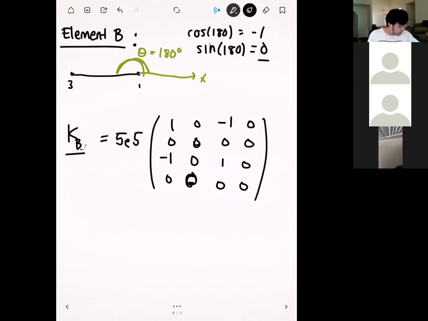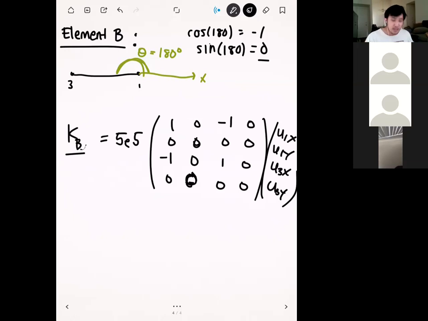Okay. And this is acting on U1x, U1y, U3x, U3y. Yep. Okay. So those are our two element stiffness matrices. And then now the next step is just to simply assemble, apply boundary conditions, and then solve.